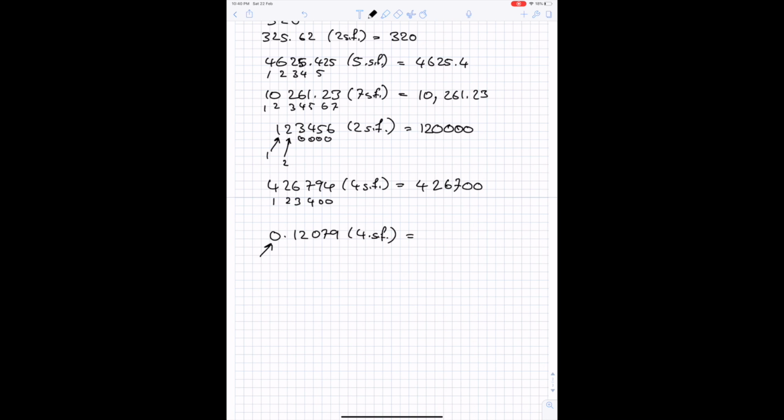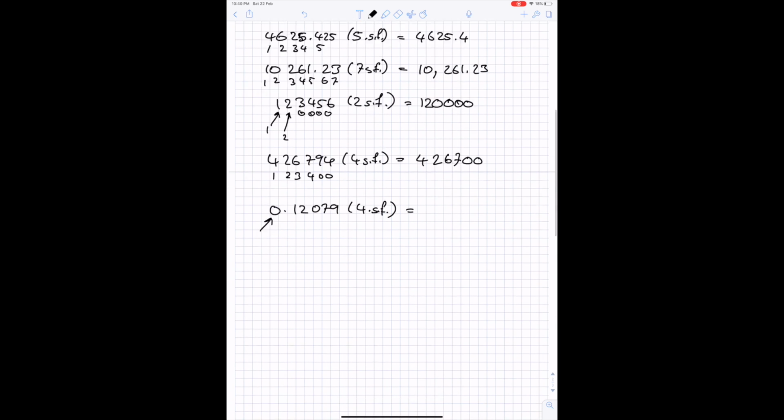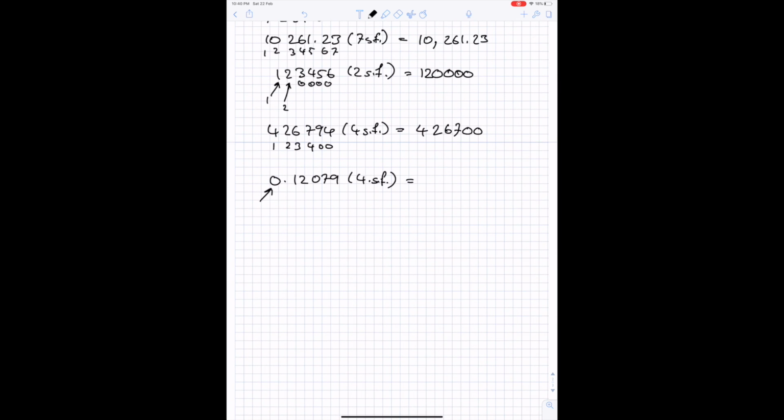The rule, remember from up here, is that the first non-zero number is when you start counting your significant figures. So it would be 1, 2, 3, 4. This would become 0.1208, four significant figures.